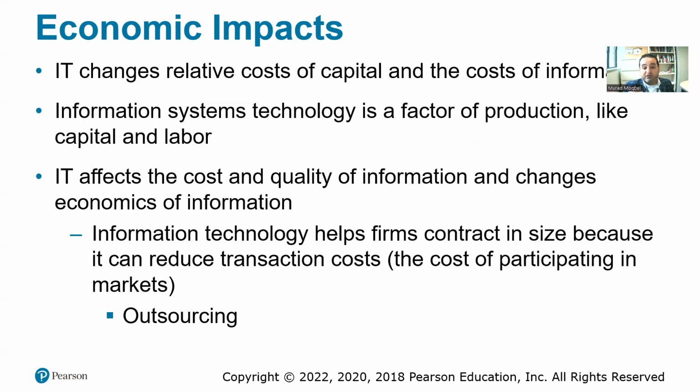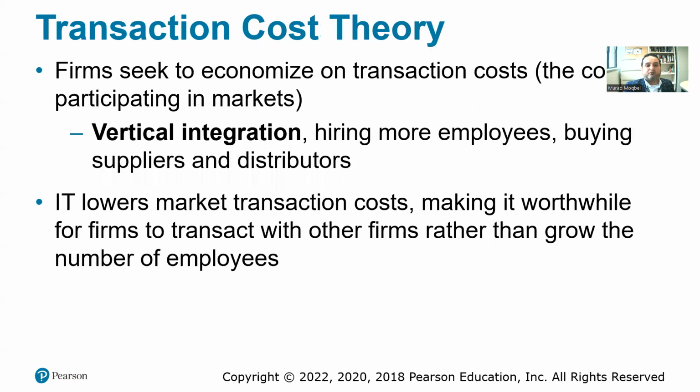So with outsourcing, because they have an advantage in terms of technology in that call center, they have access to all the technologies that H&R Block actually uses for their operations. So they reduce their transaction costs by using outsourcing.